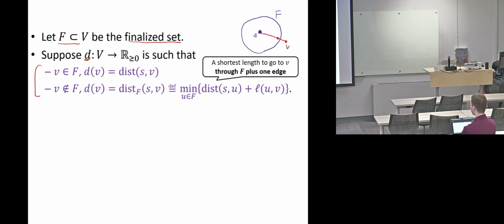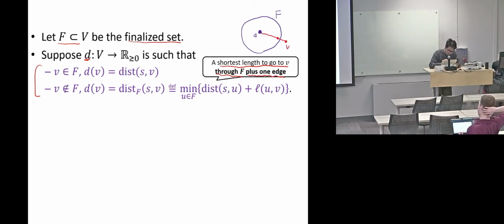The estimate of v is going to be something that is not quite the distance, but is the distance from s to v with respect to F. What do I mean by that? I mean this is just the shortest length to go to v through F plus one more edge.